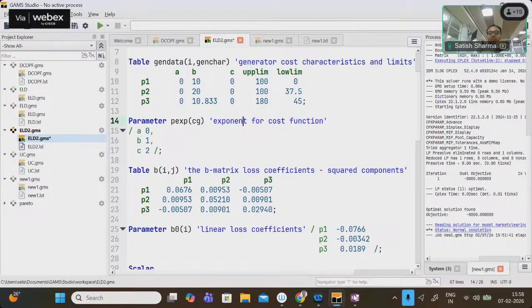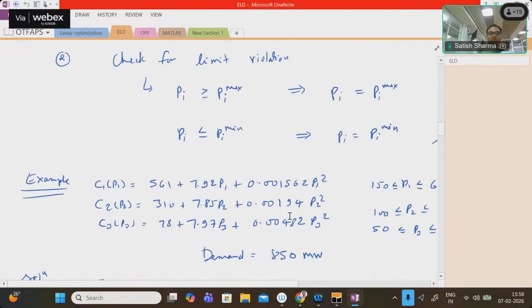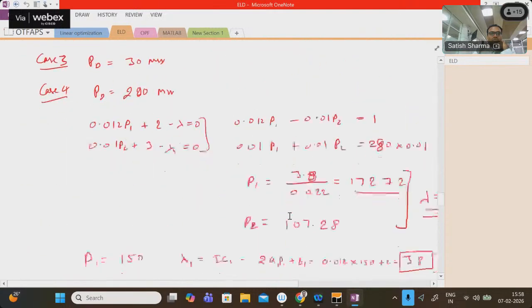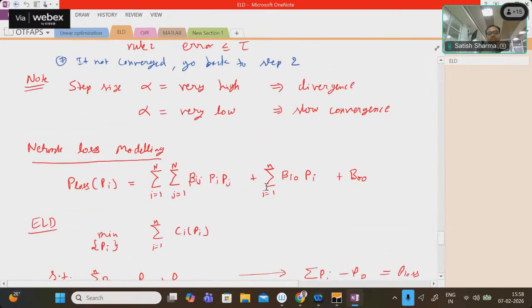So if you remember, the B coefficients were defined after this part. The B coefficient has three components: B00, B0i, and Bij. Bij is basically second order, B0i is basically individual or linear, and B00 is the constant.